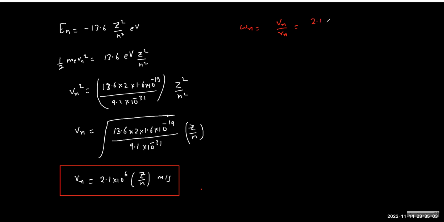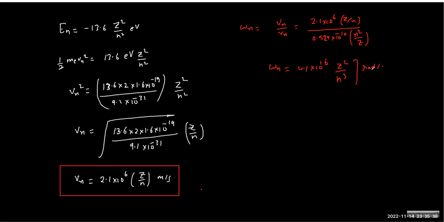So Vn we know, 2.1 into 10⁶. And Rn we know, 0.529 n²/z. How much is that? Roughly 4 into 10¹⁶, z²/n³. Very good.